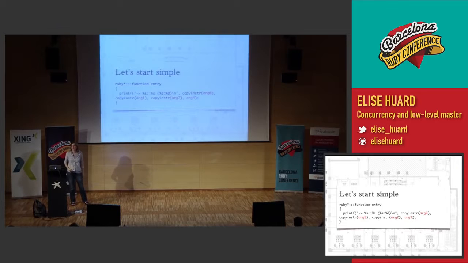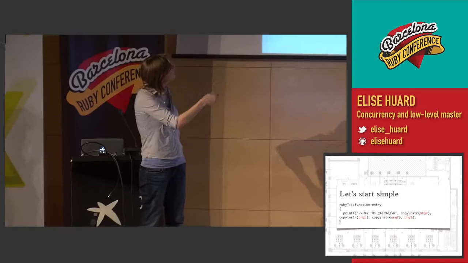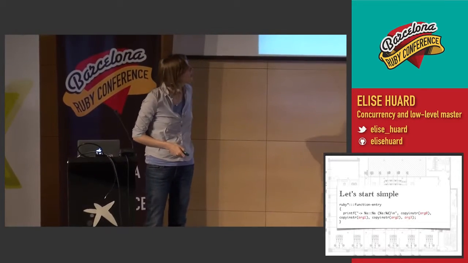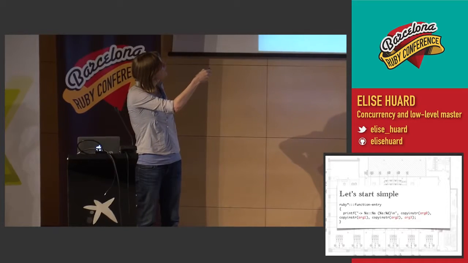So let's start with a simple little script. So D language. I'm interested in Ruby provider events, doing the function entry thing I was talking about earlier on. And I'm going to use printf.